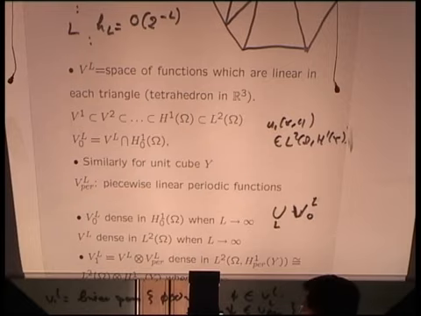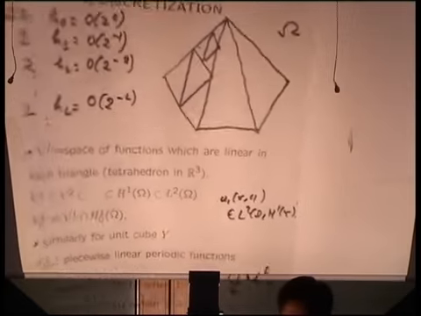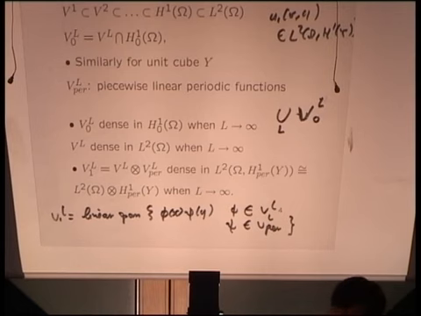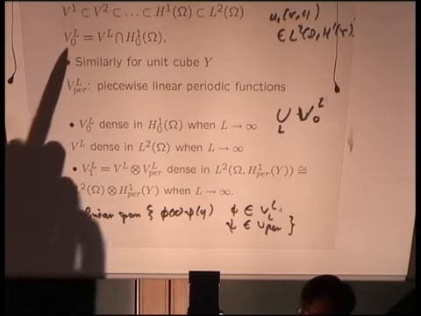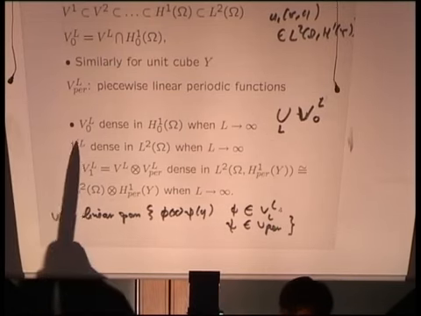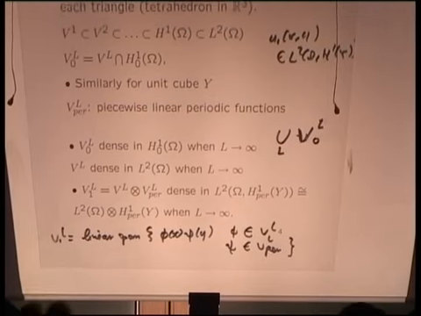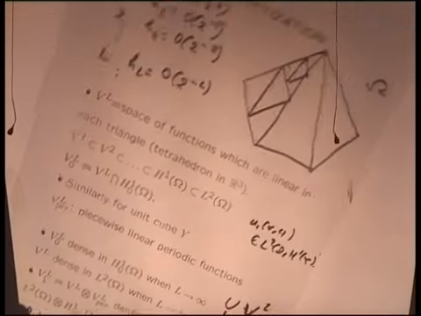Yes, sorry, I didn't notice that. So now we want to find U0 inside V0L and U1 inside V1L. And we solve exactly the two-scale homogenized equation.